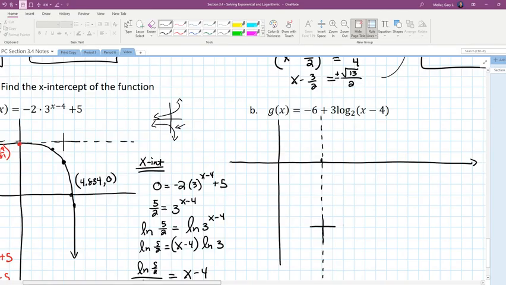And I'm just going to go ahead and add a dotted line here, not as an asymptote, but just as a guideline to help me out. Okay, this is a logarithm that's base 2 that's going to be stretched 3 times as tall. So my intercept, fake intercept, is 1, 0. Then I'm going to move over, since it's base 2, I'm going to go over 2, and I would normally then be up 1.